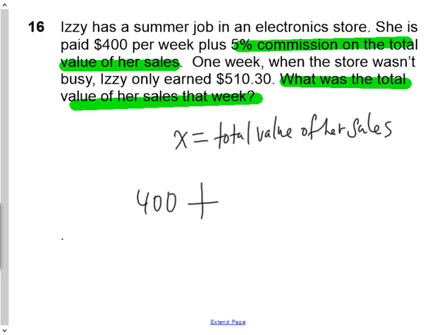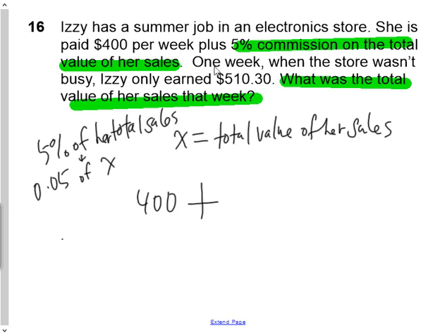Plus, she gets a commission of 5% of the value of her sales. 5% of her total sales, since of means multiplication, will be represented by the expression 0.05X. Does that make sense? Perfect.